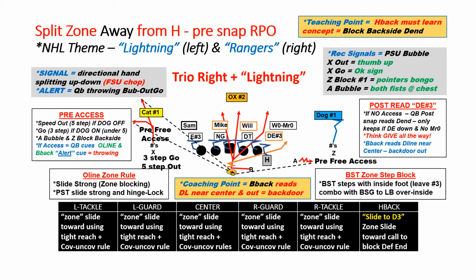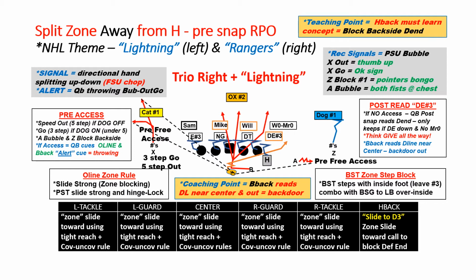One of the neat things about split zone is we can call this at the H or away from the H. Here's an example of trio right, and we're running it to the left away from the H. Key teaching point for the H-back is he must just simply learn the concept where he is just blocking the backside defensive end.